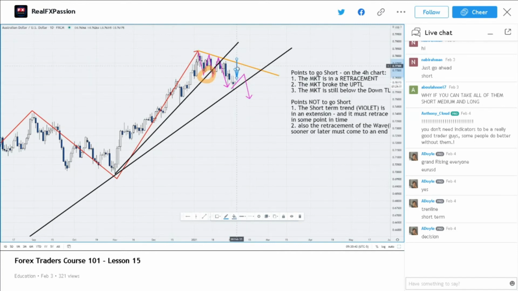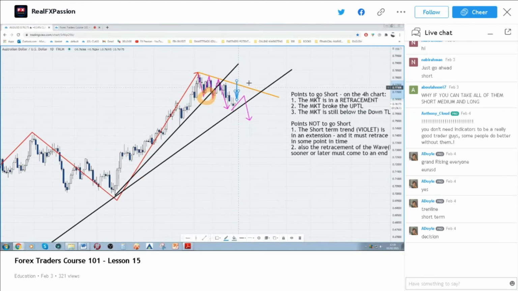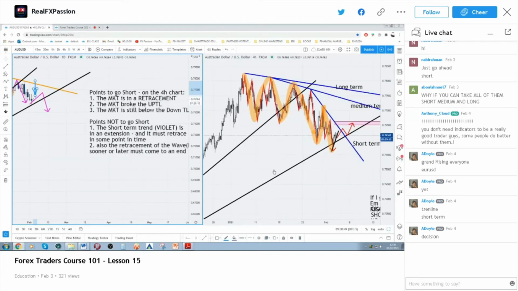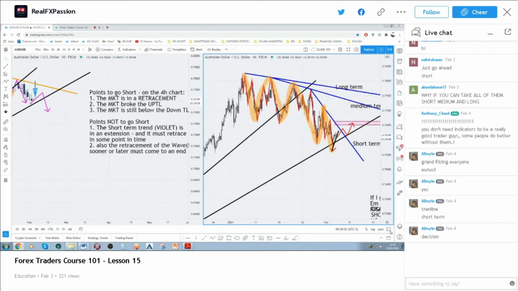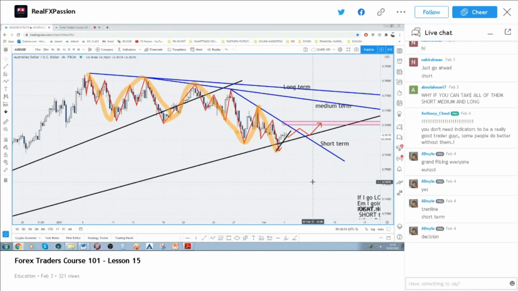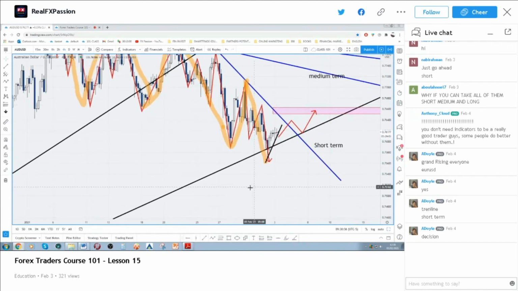So, Israel, you are the head of trading today. What's the decision from the 4-hour chart? Even if the market breaks the counter trend line here, let's change the color. Even if the market breaks this counter, where is the color? Oh, it was here.